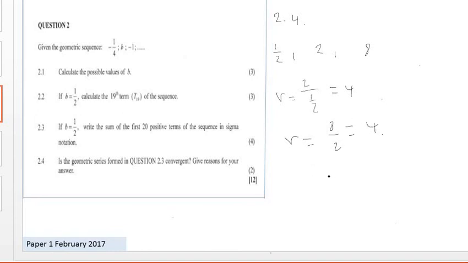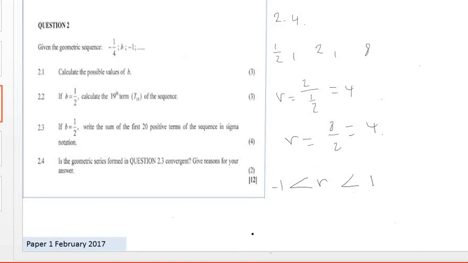The geometric series is convergent when r is less than 1 and at the same time greater than -1. But if we look at r here, r is not in that range.